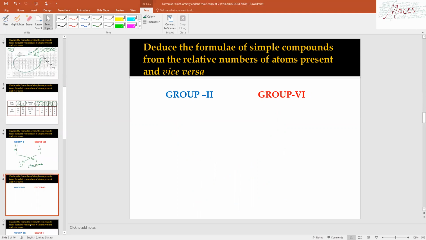Let's do this again, and this time I am taking a metal from group 2 and a non-metal from group 6. For instance, magnesium belongs to group 2, oxygen belongs to group 6. The subscripts will be swapped again and then simplified.